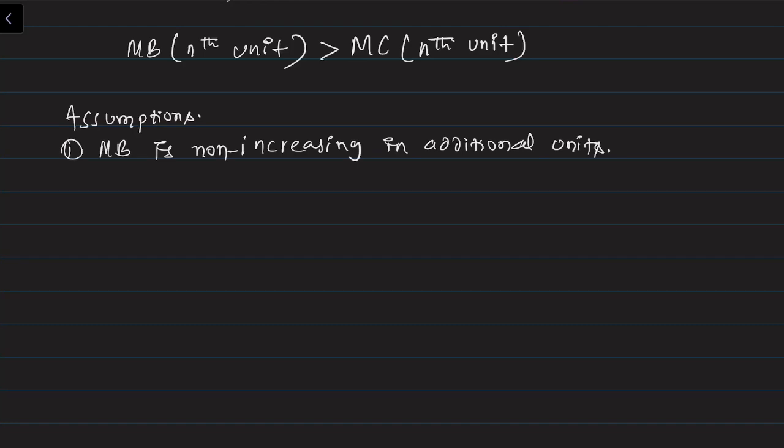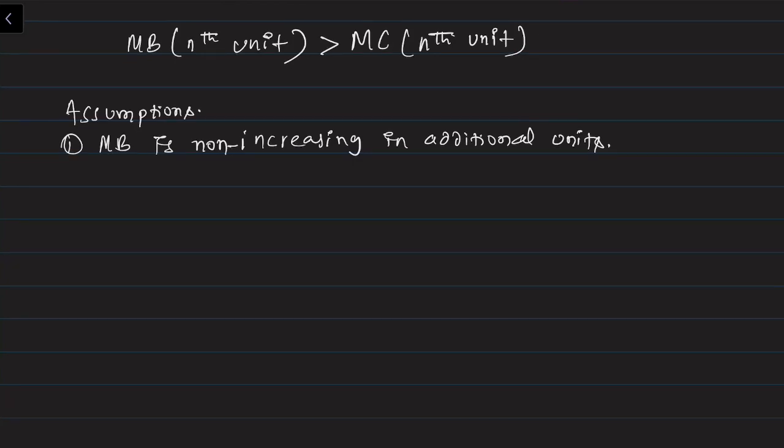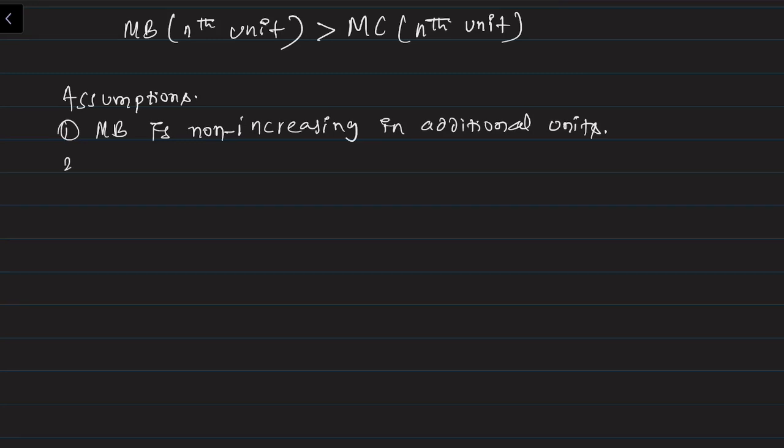For example, when we start consuming more and more ice cream, we start getting satisfied, right? Second assumption is marginal cost is non-decreasing in additional units. And this is also a very reasonable assumption. So because of these two assumptions, we stop at the nth unit.